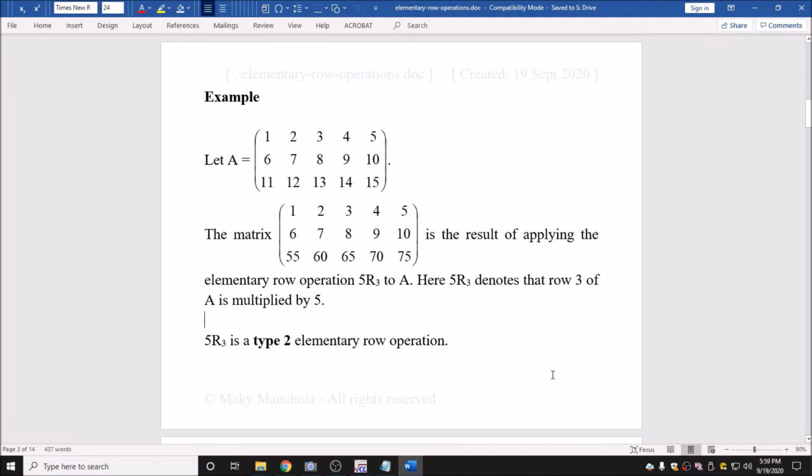Another example. Let A be the same matrix of the previous example.